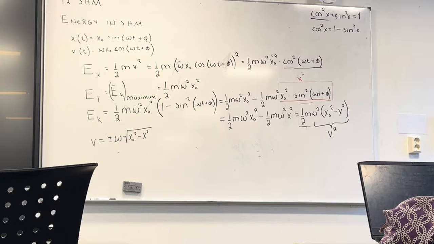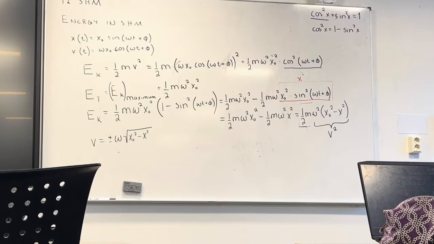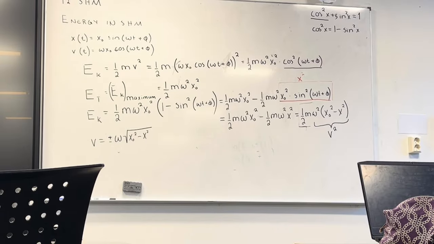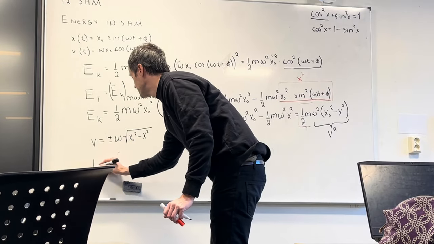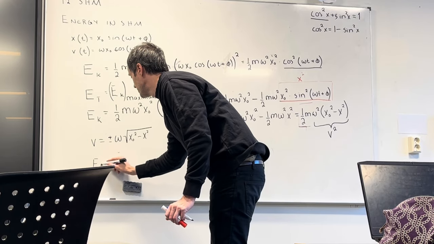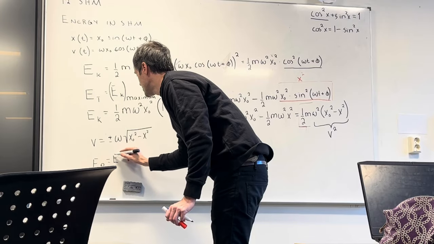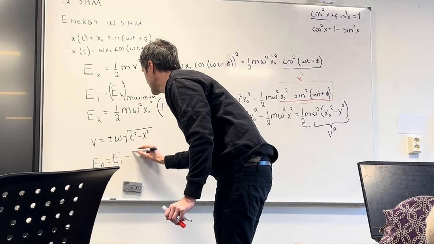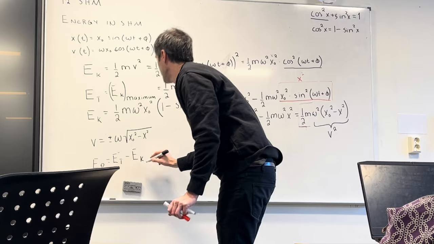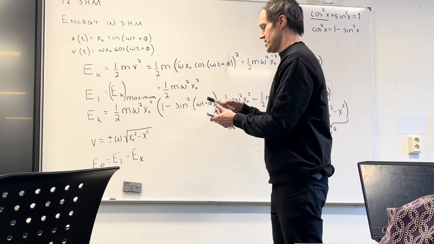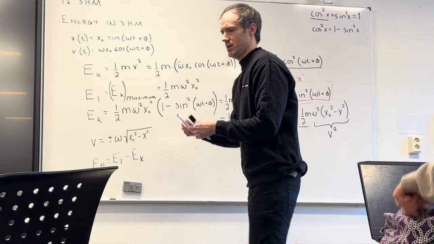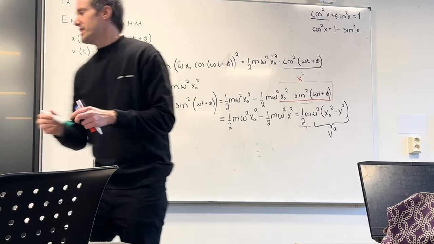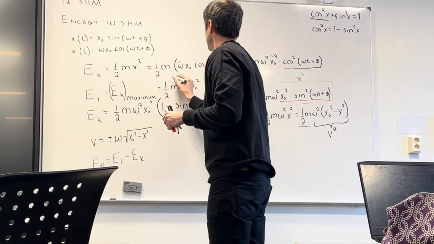If I know the total energy and I know the kinetic energy, how do I find the potential energy? Find the difference. So the potential energy is the total energy minus the kinetic energy. Meaning I will take this expression here minus this expression here.